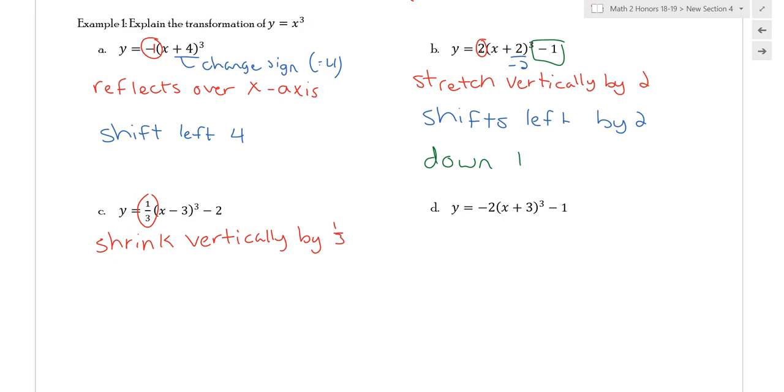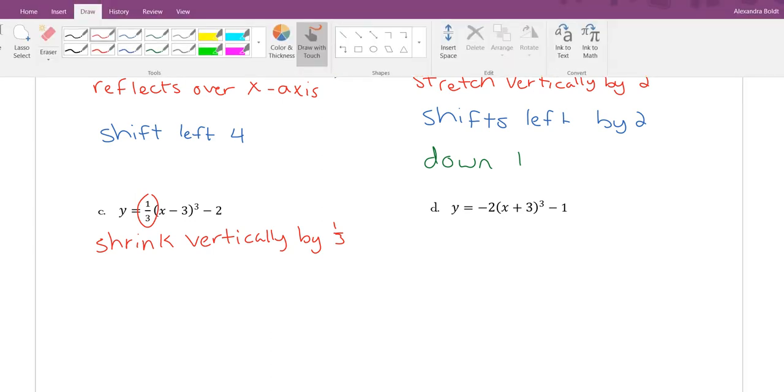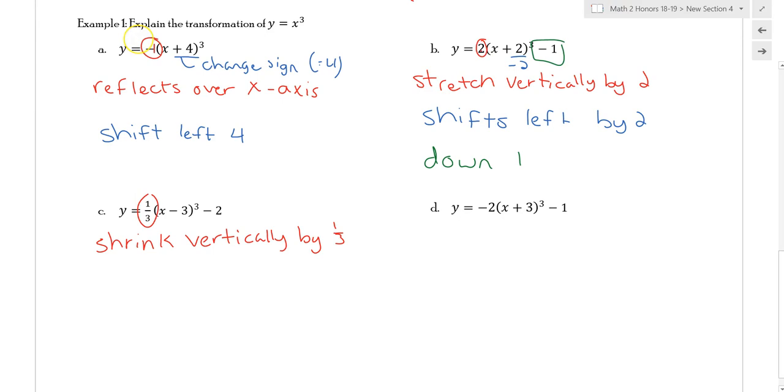If you think about it like you're multiplying everything by that number, you're dilating it, it's getting smaller. So these stretches and shrinks are really like dilations. When it's less than 1, it's getting smaller. Changing our sign, that's really 3, so shift right 3. And then this 2 is shift down 2.